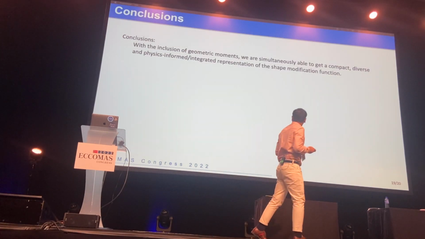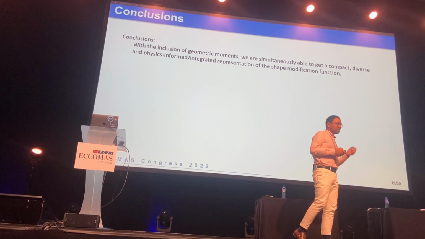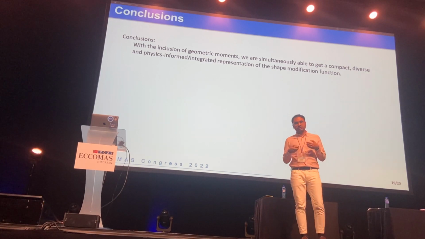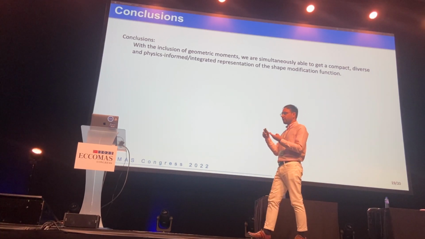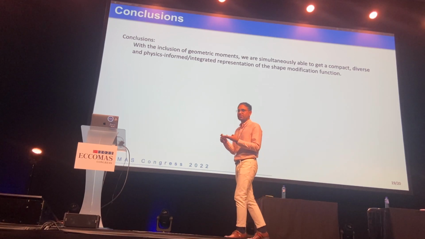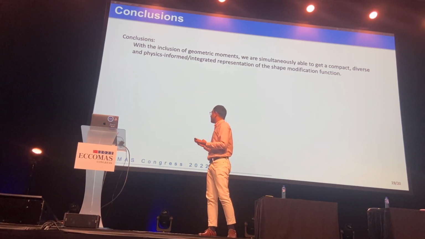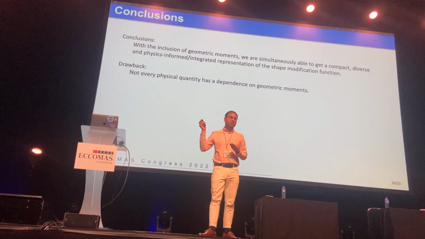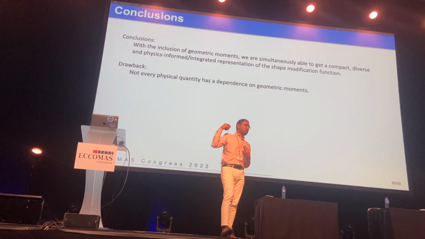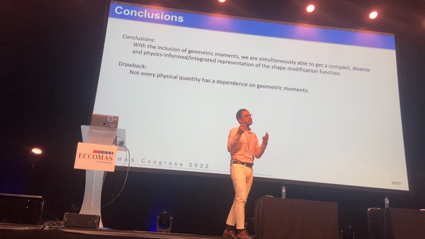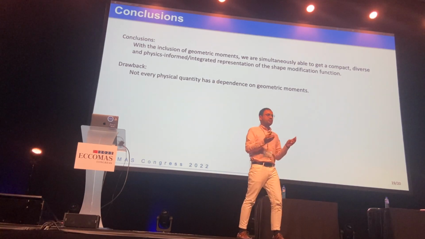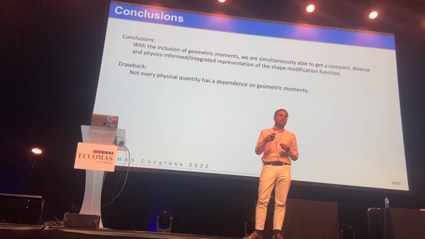So in conclusion, with the inclusion of the moments, we were able to simultaneously solve all three problems. We are able to construct a compact, diverse, and physics-informed design space. But there is a drawback: most physics criteria depend on these geometric integrals, but not all of them.